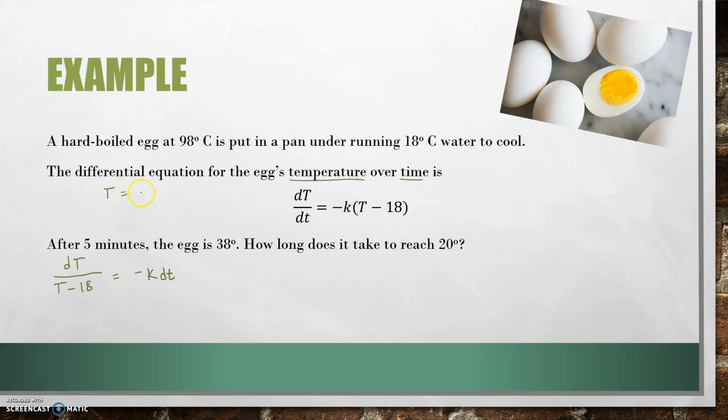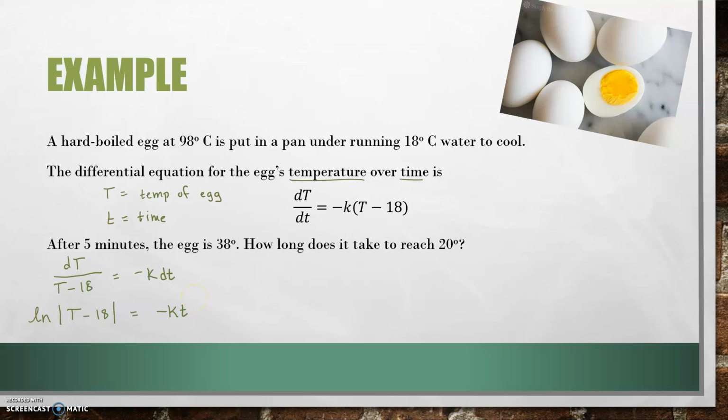So big T is the temperature of the egg, and lowercase t is time. Then if we do the antiderivative of both sides, we have natural log of T minus 18, because the chain rule doesn't really do anything to that derivative, equals negative kt.